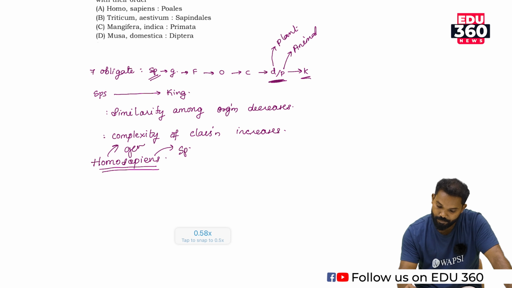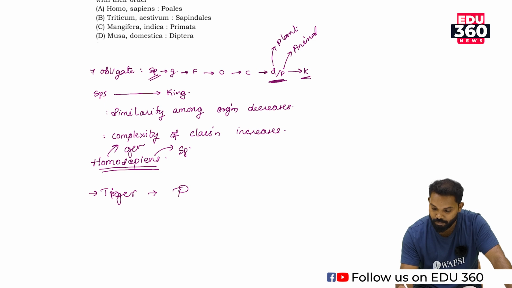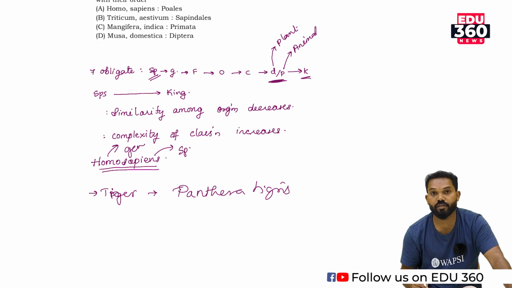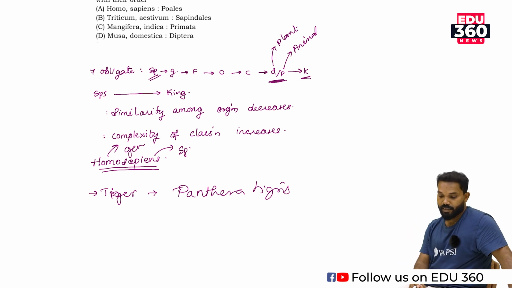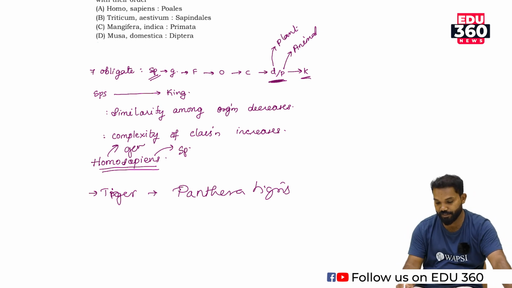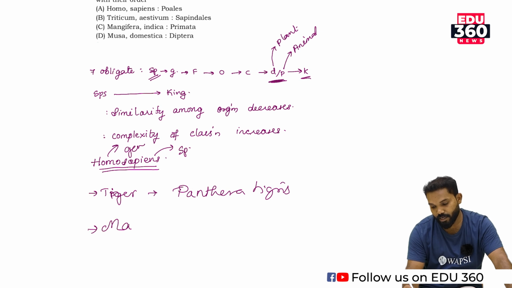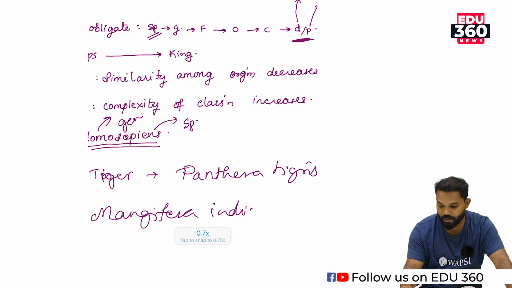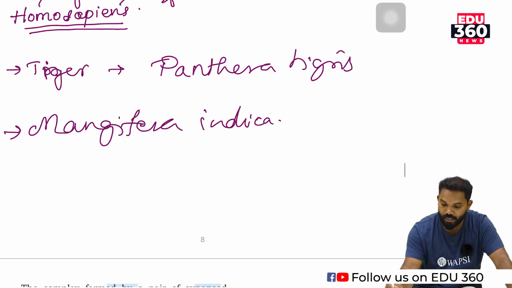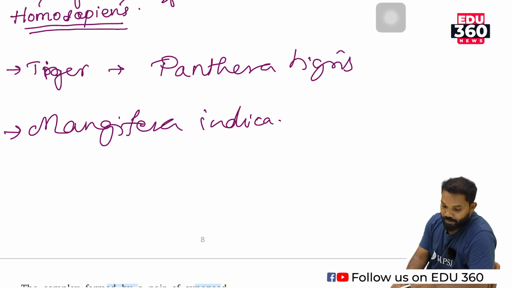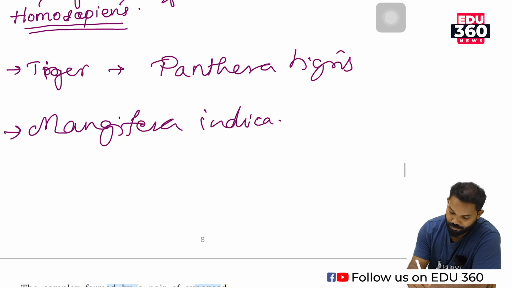Similarly, another organism, the tiger, Panthera tigris. Here Panthera is the genus name and tigris is the species name. Mangifera indica, the mango tree. Mangifera is the genus name, indica is the species name.